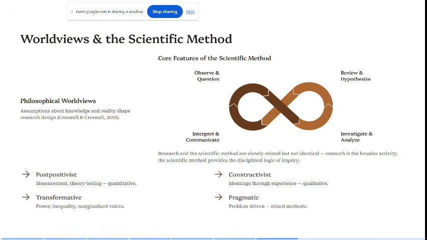I am a post-positivist. I like this kind of point of view because I think measurement and theory testing is something reliable. Maybe you might think constructivism is more reliable for finding the meaning of a research project. Another point of view is transformative.